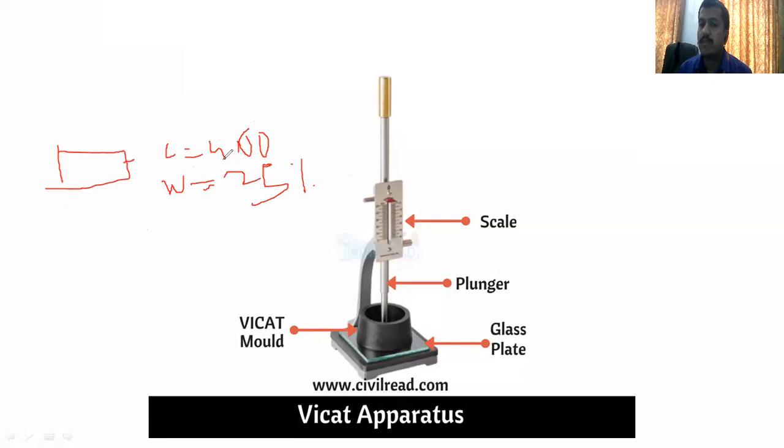So 25% of 400 means the water content will be 100 ml.